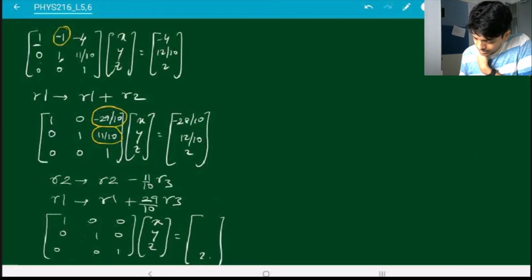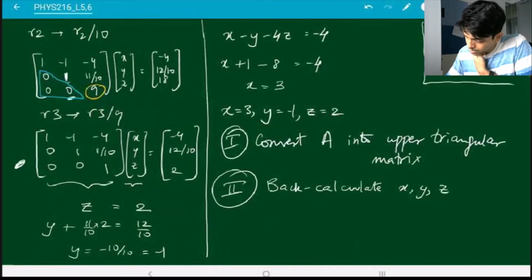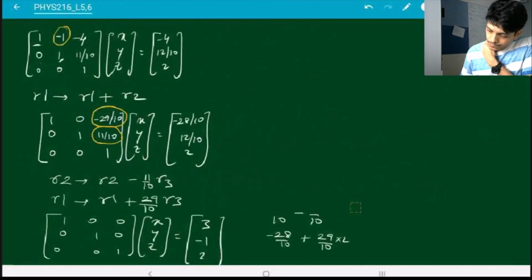What is 12 tenths minus 11 tenths times 2? So this is minus 1. And similarly over here, minus 28 tenths plus 29 tenths times 2. So this is 30. Is this what we had? 3, minus 1, 2. Correct. So this is the final answer.